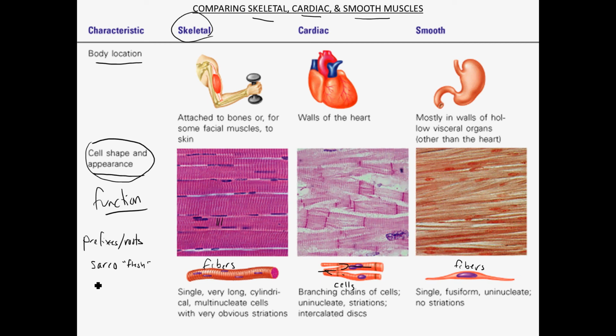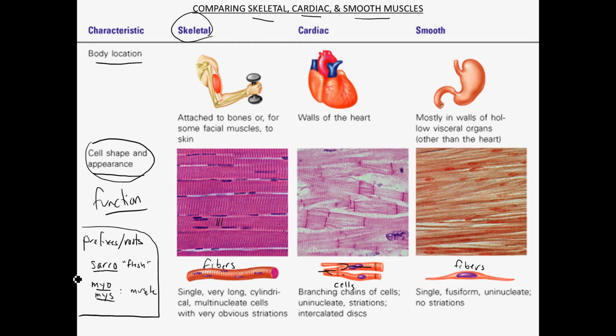So sarco is flesh, and then myo or mys, these also just mean muscle, right? So in a lot of terms here, we're going to be talking about sarco or myo something or mysium or something like that. Okay, so a good idea to kind of keep those in the back of your head or in the front of your head, as the case may be.